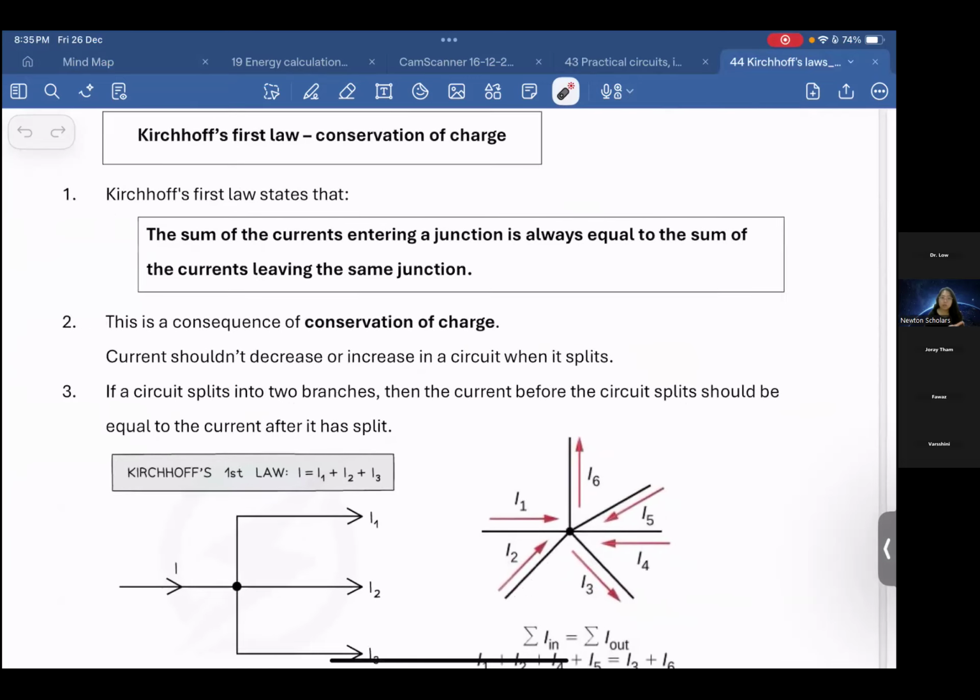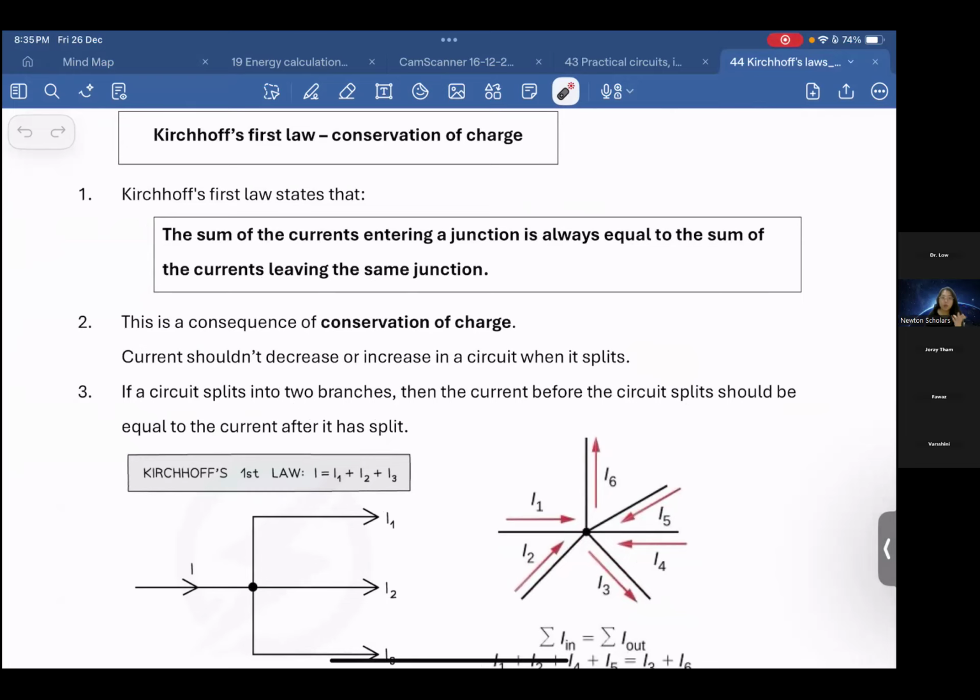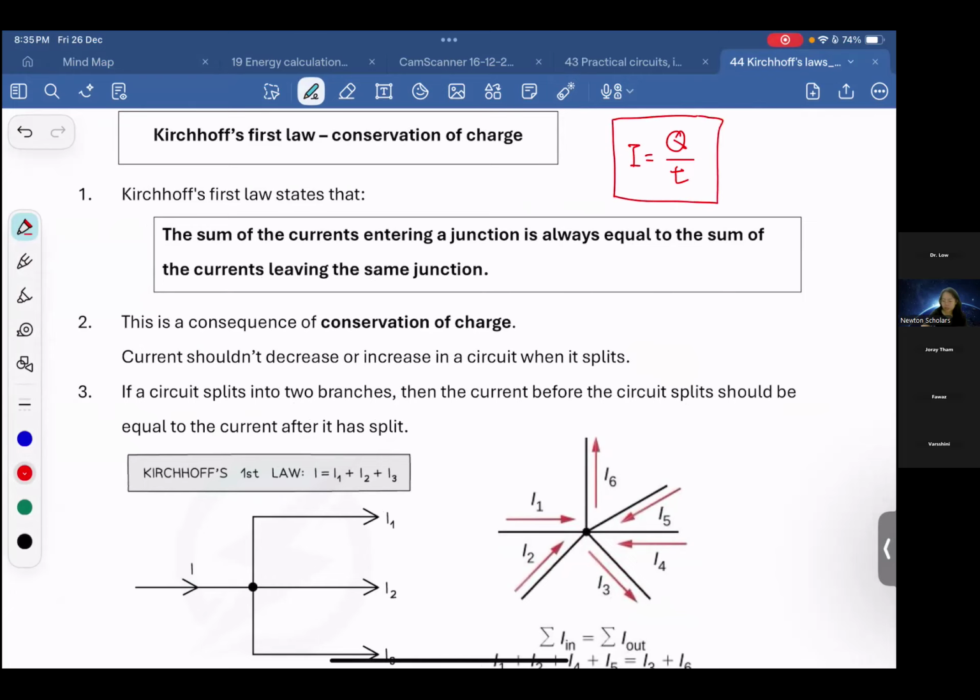Okay, we got two laws. The first law is related to the conservation of charge. Charge is related to current because current is charge per time. So Kirchhoff's first law says that the sum of current entering a junction will be equal to the sum of the current leaving the same junction.